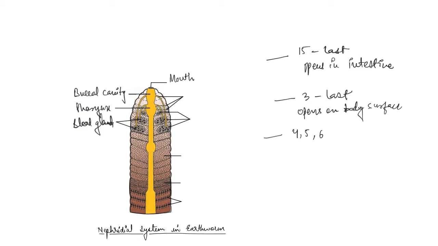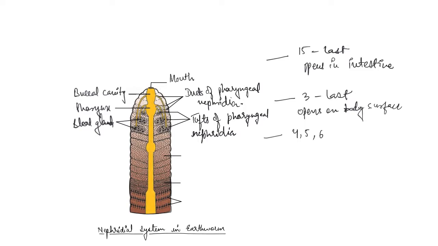So starting from pharyngeal, these are ducts of pharyngeal nephridia. After the duct, you have tufts of pharyngeal nephridia.